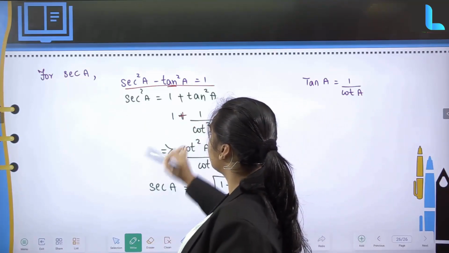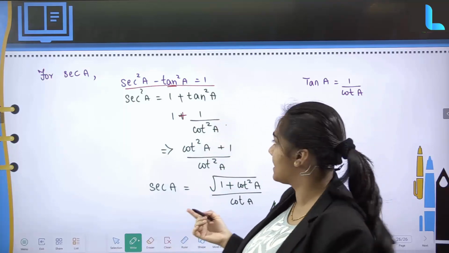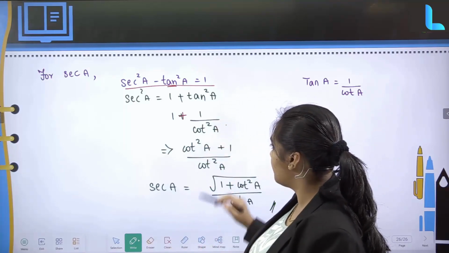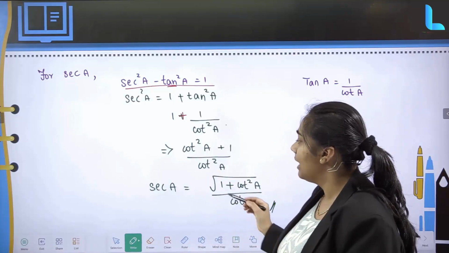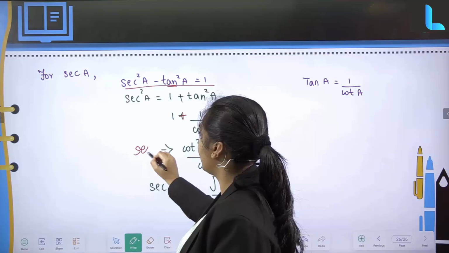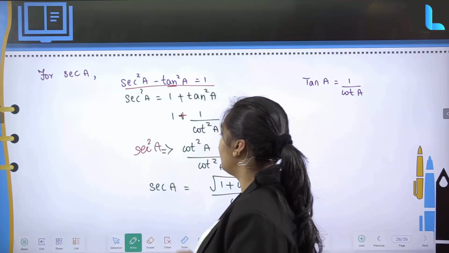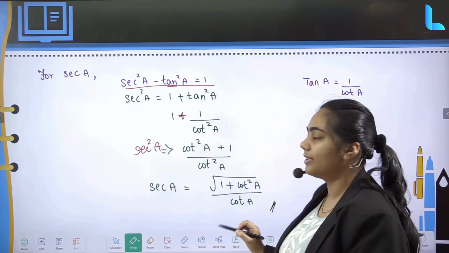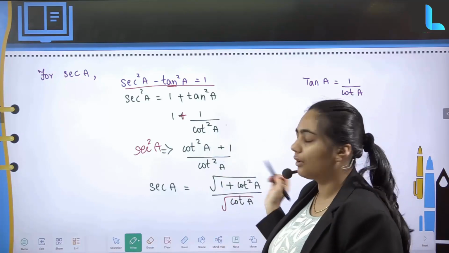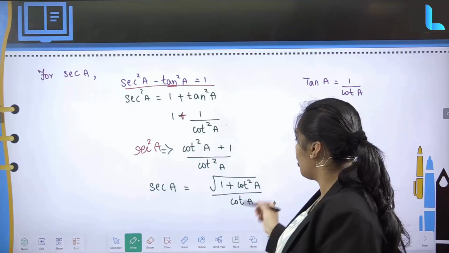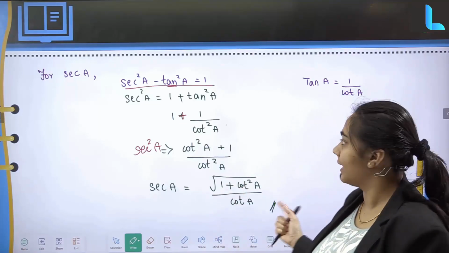But here if you can observe, you have to consider LCM. So when you consider LCM, it is going to be cot square A plus 1 divided by cot square A. So here you had secant square A. When I have to remove the square, it is going to become a square root. So when I remove the square root over here, square and root get cancelled. So in the denominator you will be having only cot A.